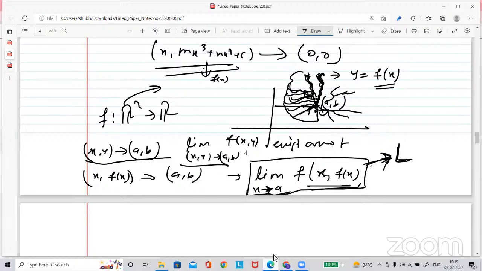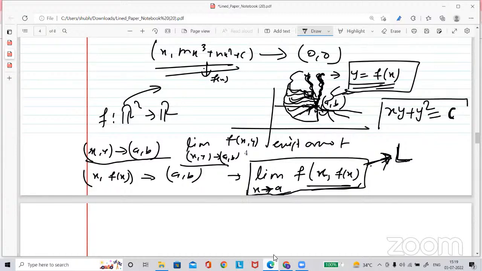Sometimes you are not able to write exactly y equals f(x). It could be in some implicit form, let's say xy plus y squared equals some constant. Suppose we are approaching A, B along this curve.